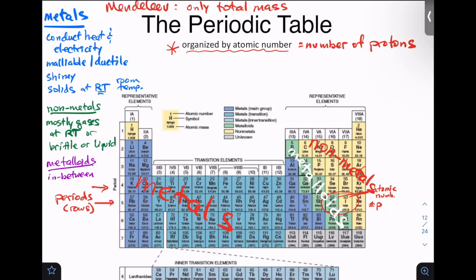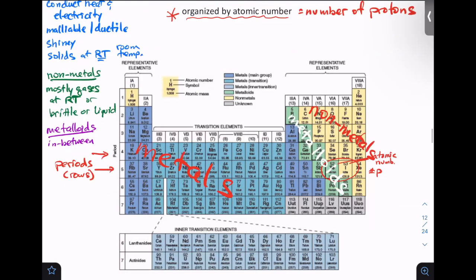And the columns are the families or groups. And some of them have names.